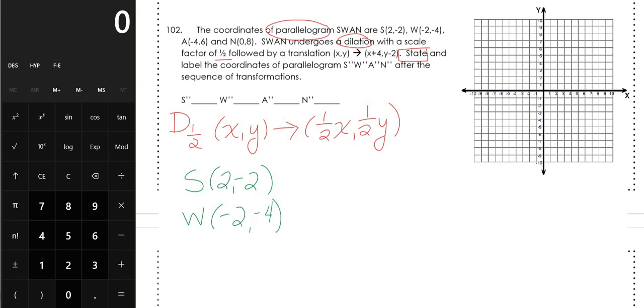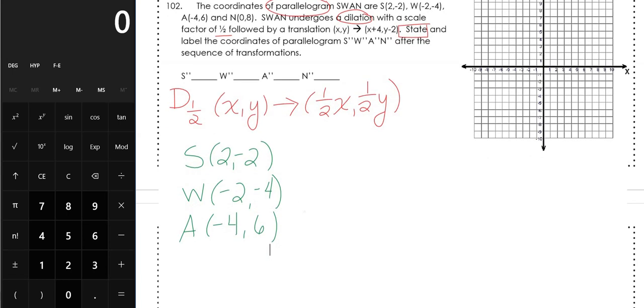It's important to be precise. A is at -4, 6. Give myself a little room. And N is at 0, 8.